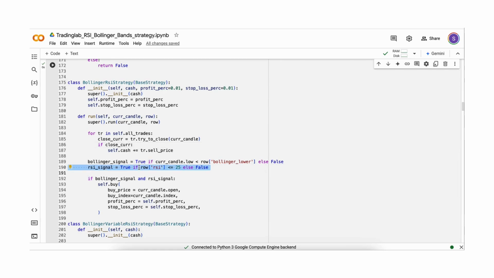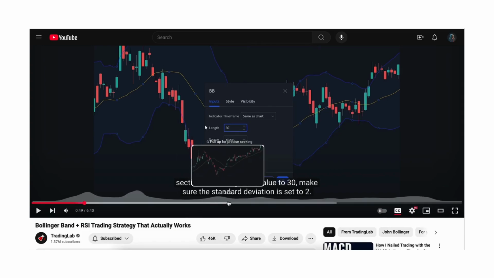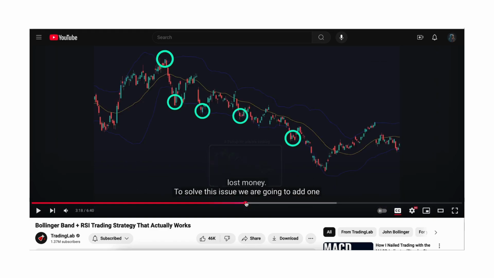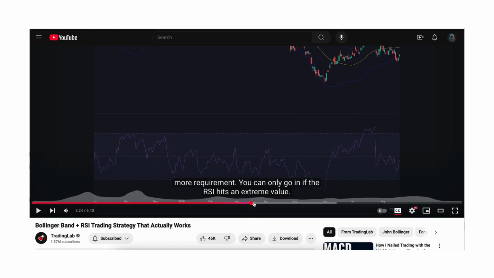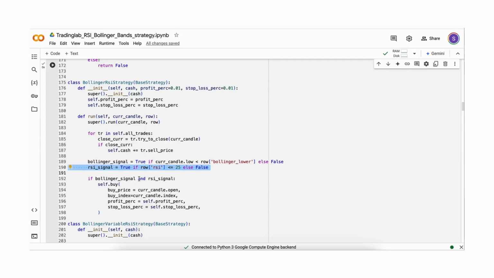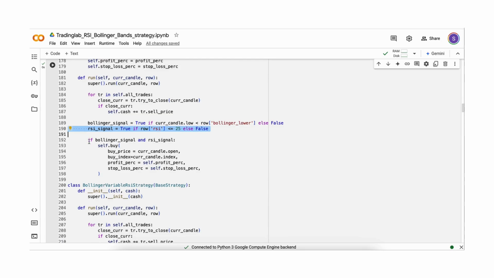And this is the signal of the RSI, which was suggested by the video here, which says that the RSI should be less than 25. So the RSI value goes less than 25. This is the second condition suggested by the TradingLab video. And when those two conditions are satisfied, we buy a stock if we have enough cash.